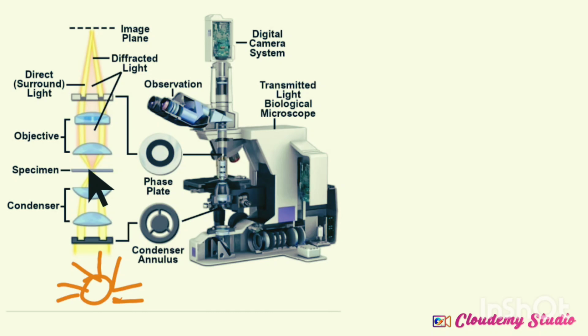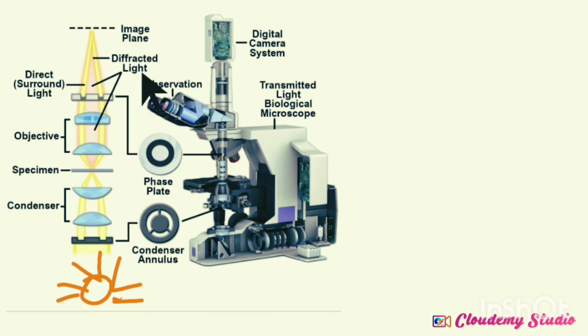This specimen has different thickness and different physical properties, and different parts of the specimen have different refractive index, and therefore light moves through the specimen at different velocity and enters the objective lens and the diffraction plate. This diffraction plate also has grooves, and the diffracted and undiffracted light pass through this objective lens towards the eyepiece lens, and finally we see the image of the object.